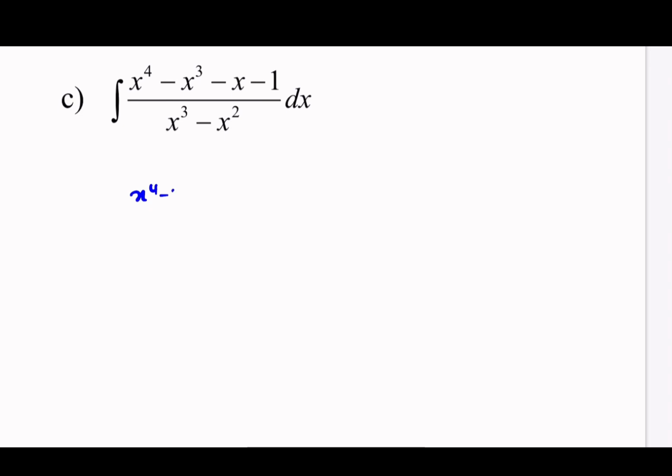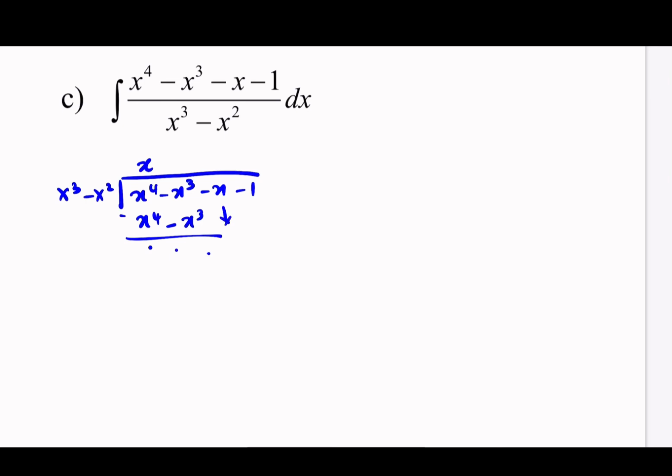X kuasa 4 minus x kuasa 3 minus x minus 1. Guna long division, x cube minus x squared untuk kita tukarkan menjadi proper. So, kita kat sini x kuasa 1 darab dengan x kuasa 3 dapat x kuasa 4. Tolak x kuasa 3. So, we got 0. Negative 1 minus negative 1 which is 0 juga.